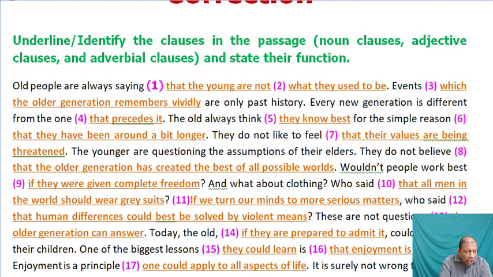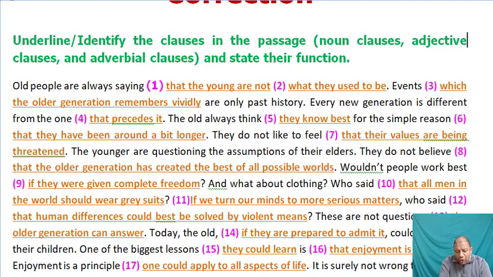13, the older generation can answer. This is a restrictive adjective clause. How shall I know? Because here we could say these are not questions which or that the older generation can answer. So we call it a restrictive adjective clause introduced by the missing relative pronoun, which or that, the same, no problem.